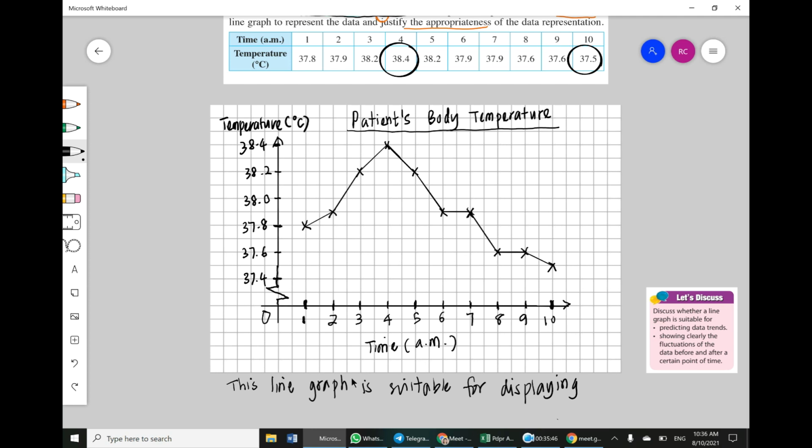Correct. Very good. So the justification over here, you just need to mention everything that is displayed on the graph over here. What is it used for?